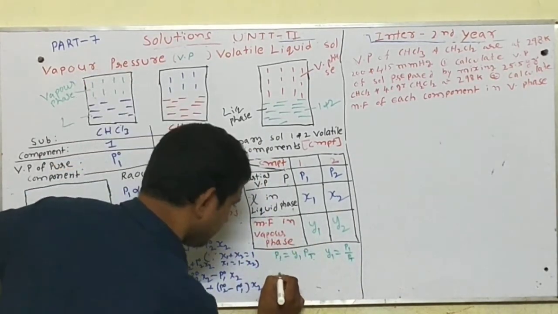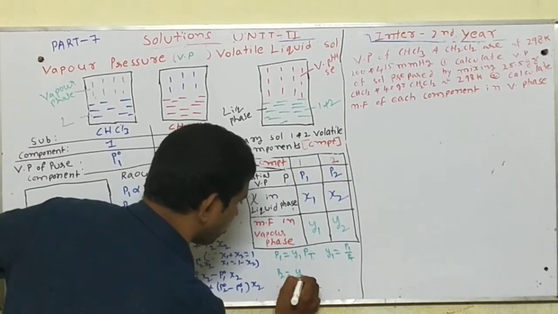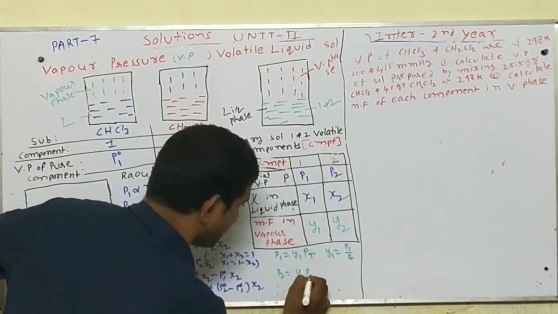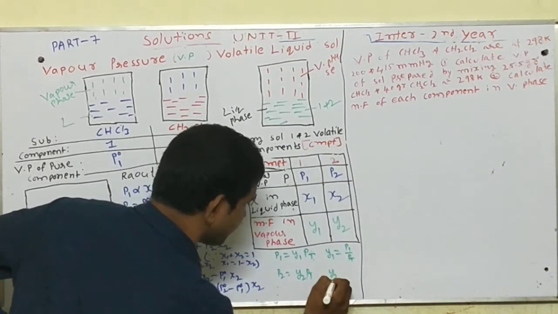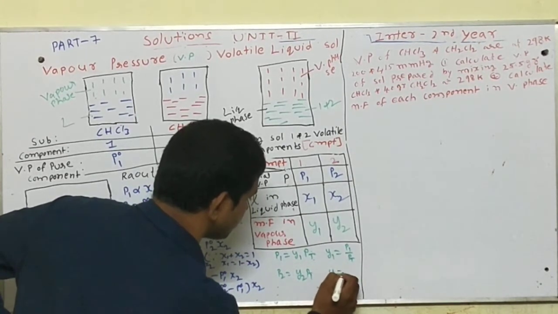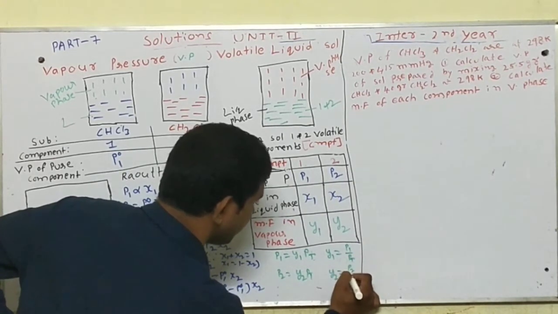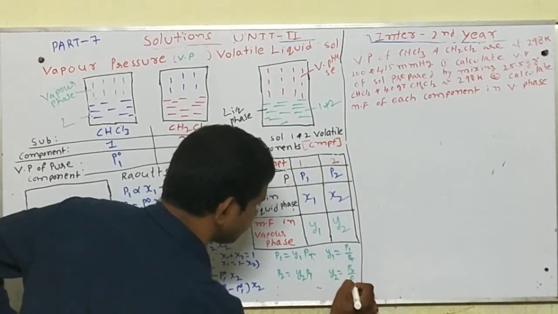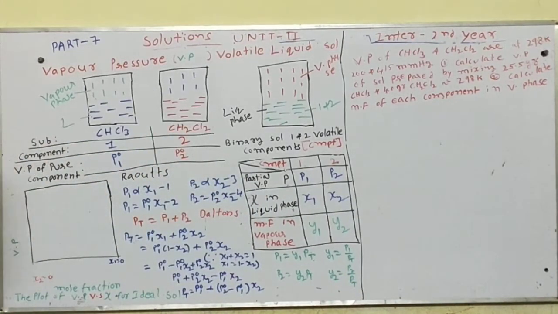In the same way, P2 is equals to Y2 Pt. Again on rearranging, Y2 is equals to P2 by Pt.